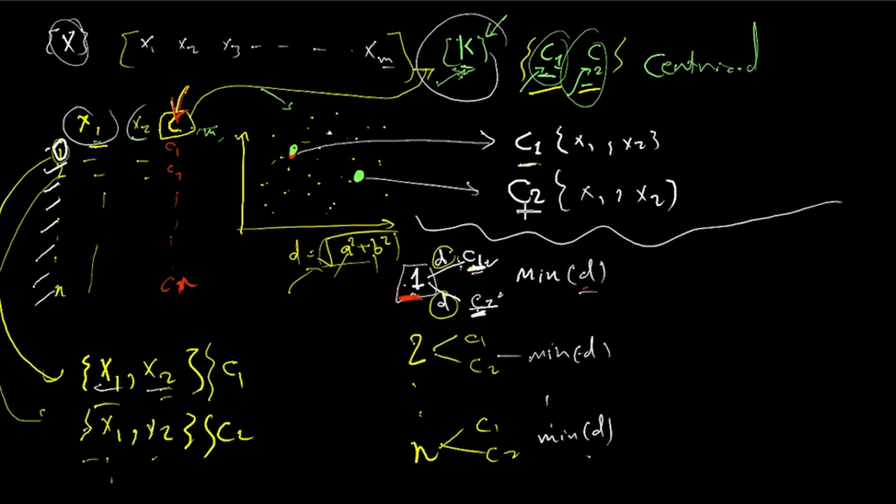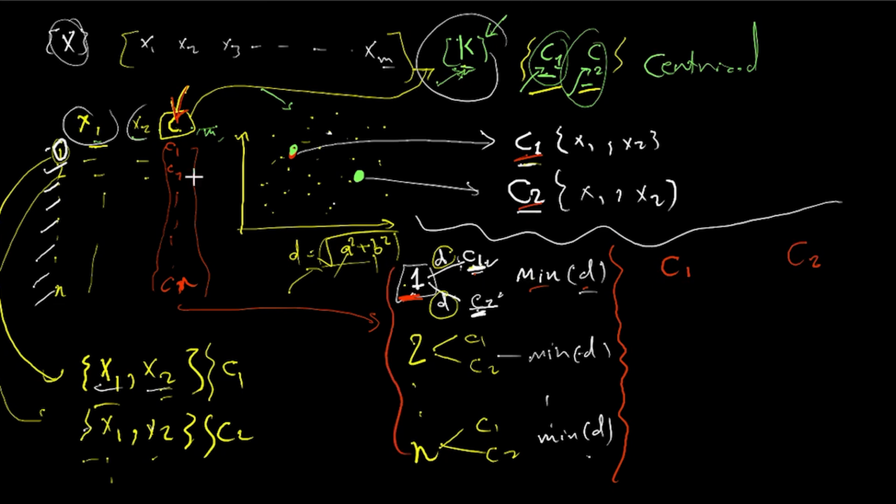We did this one time. Completely at random, we picked C1 and C2. After we did the first pass, some of these points will lie here. So, for example, the first point, the 7th point, and here other points, maybe the 5th one, maybe the 11th one, whatsoever. Let's sum up all these points and find the mean average of them.